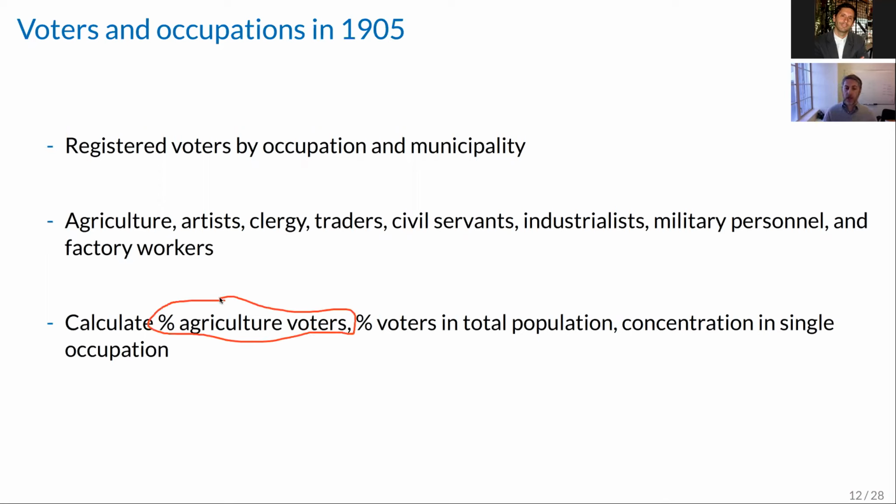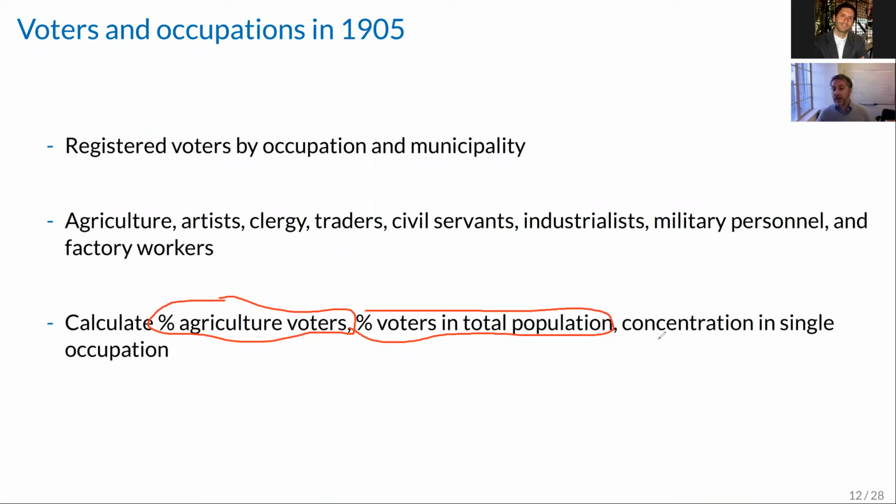But it's also going to be important, for example, to account for the relative size of the electorate, right? Because there are differences in initial literacy, it might be that in some places more people can vote and in other places fewer people can vote. So we're also going to build a measure of voters in the total population.